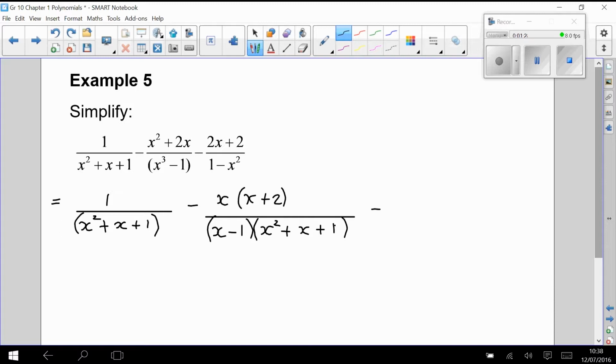Going on to my third term, and taking out a common factor of 2 in my numerator, I get 2 into x plus 1. And then, first of all, looking at the denominator, I'm going to do this in 2 steps. The first thing that I notice is that the x squared is in the second term, and I want it to be in the first term.